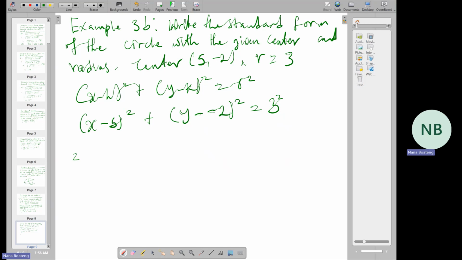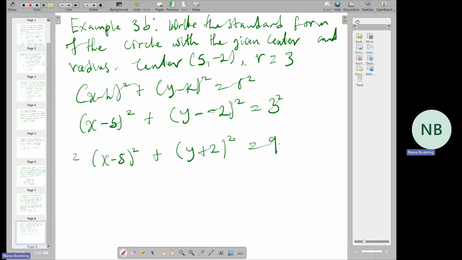So this becomes x minus 5 squared plus y plus t squared is equal to 9. So this is the general form of the equation of a circle with center 5, negative t, and radius 3.